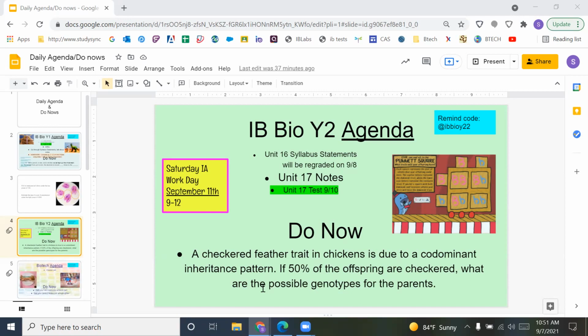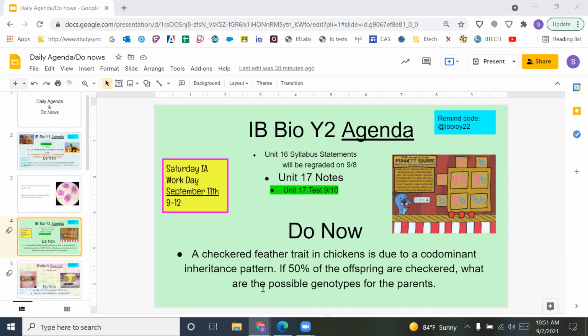So in this case, we can do a black chicken and a checkered chicken. First one, we had a white and a checkered, and we have a black and a checkered. It would still satisfy our prompt. What's the third one?